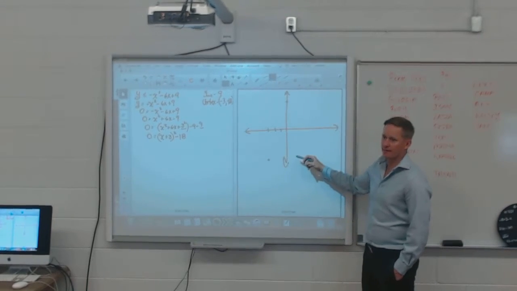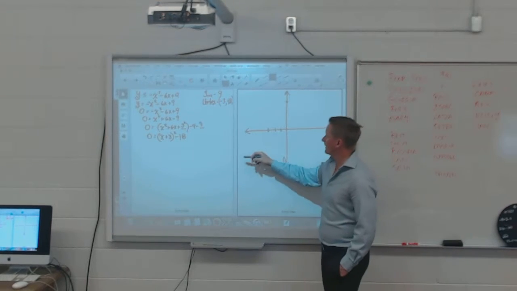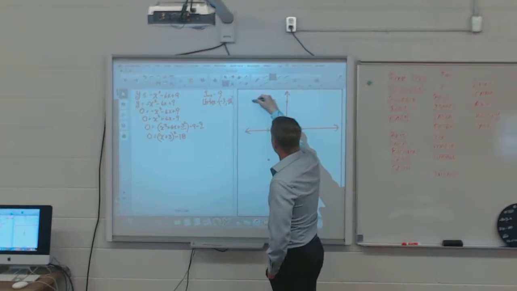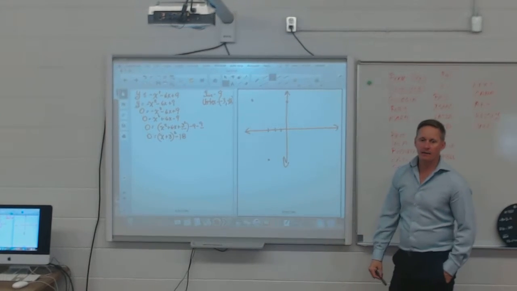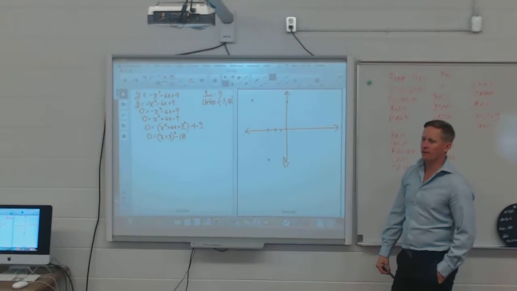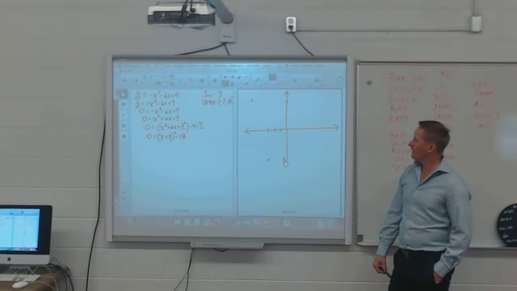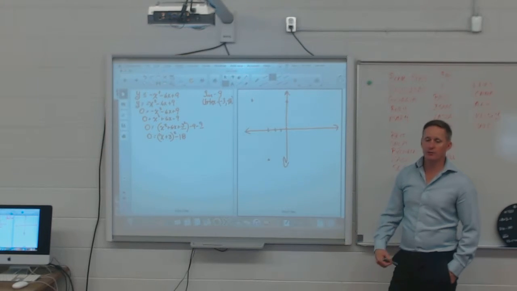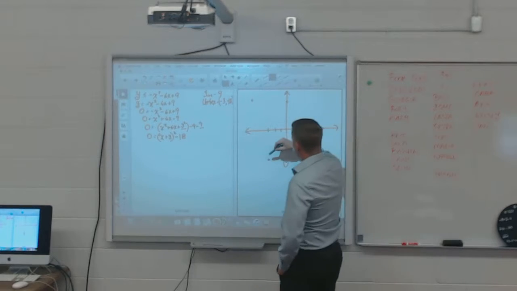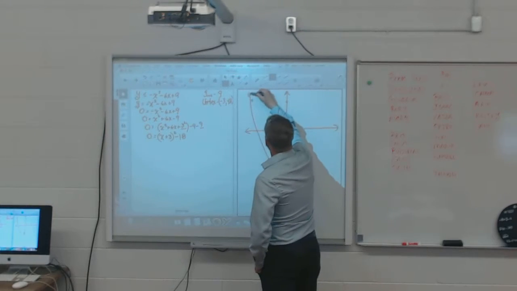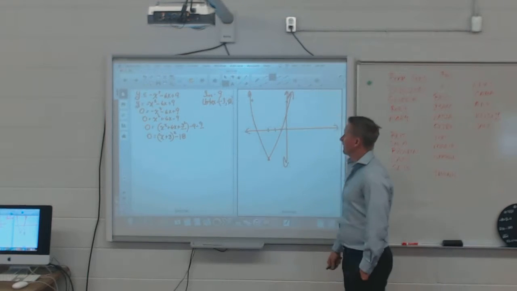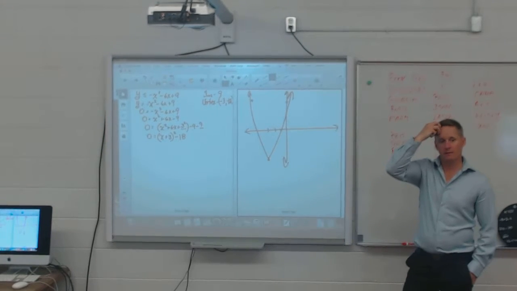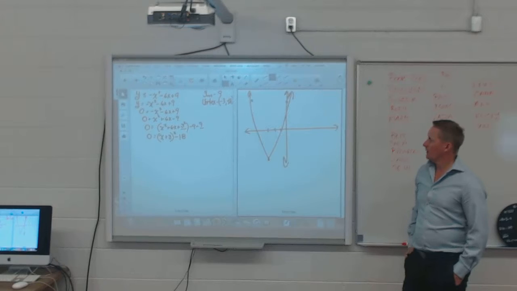That's 3 this way. So 3 going this way is also going to be 9. So that would be negative 6, 9. I have 3 coordinates now. I can draw it. So without knowing what my intercepts are for x, there's my graph. Like that. Okay?